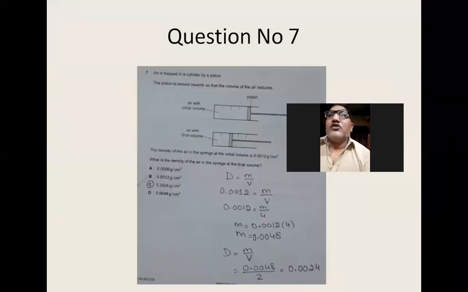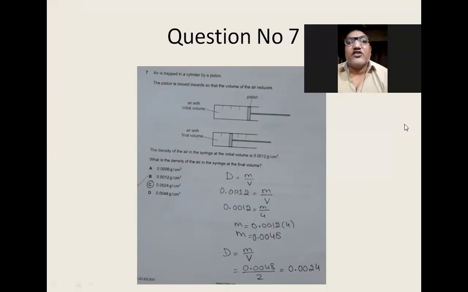This is question number 7 coming up on your screen. Here I have shown that working. For option 1, the density equals mass divided by volume. The density is 0.0012 grams per cubic centimeter, equal to the mass, suppose it is M, divided by the volume V. The V value I counted from there, so the value of V will be 4. Then M will be equal to 0.0012 multiplied by 4, that will be 0.0048.